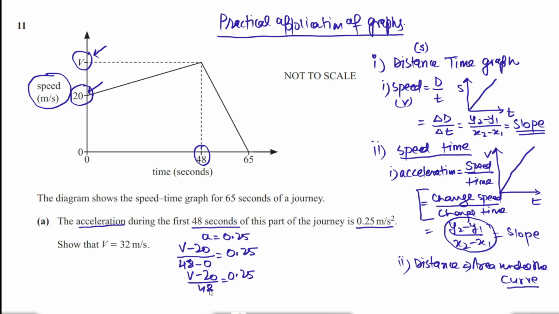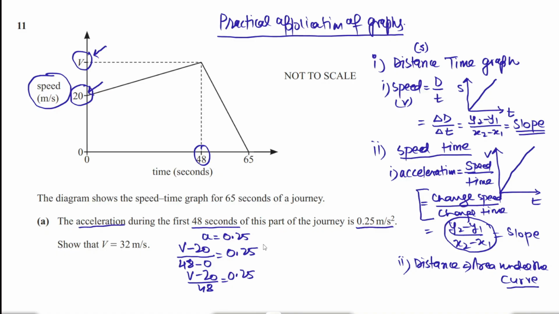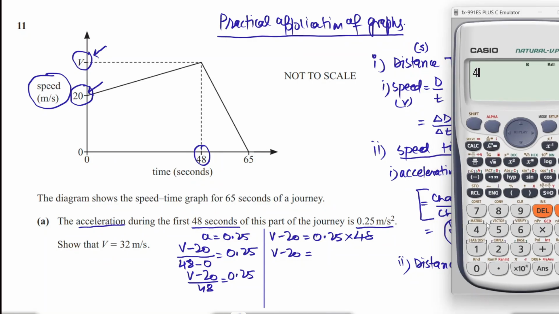48 is being divided here. If we move it to the other side of the equation, it will do the inverse operation and we have to do the multiplication here. Okay, so v minus 20 equals 0.25 multiplied by 48. 48 multiplied by 0.25 is going to be 12.